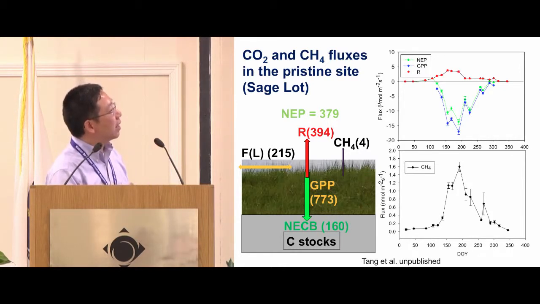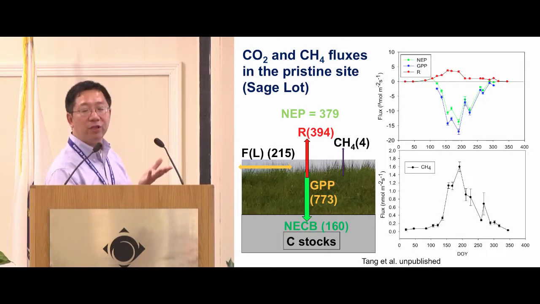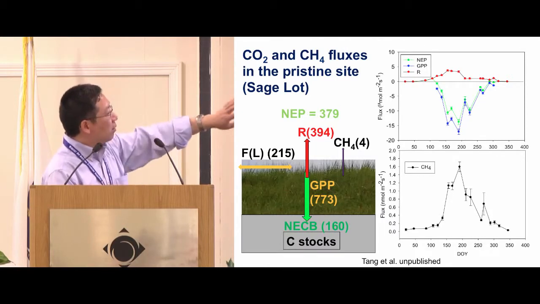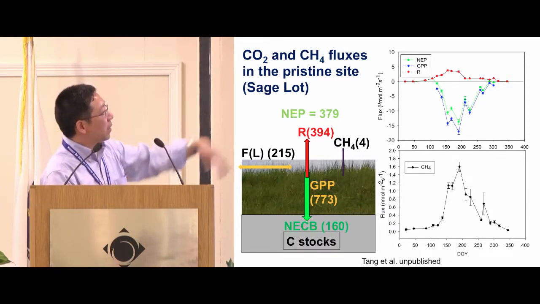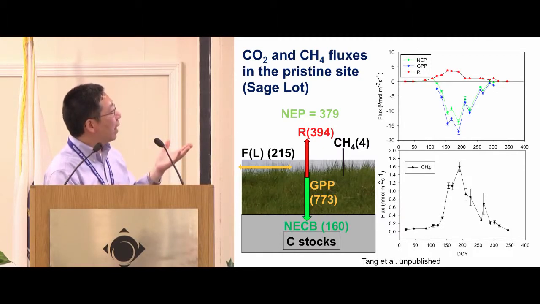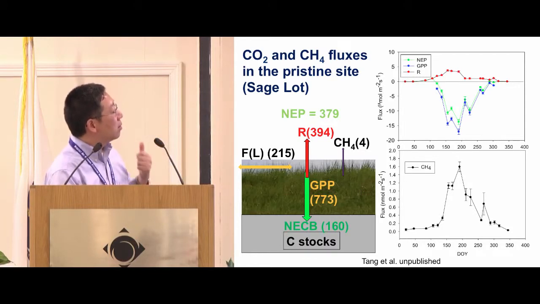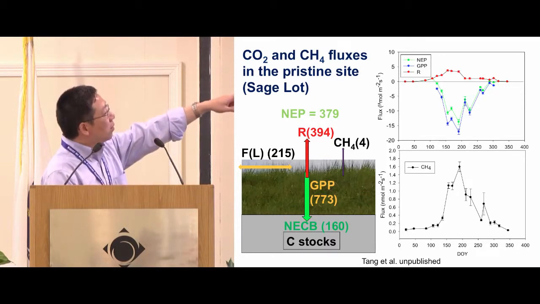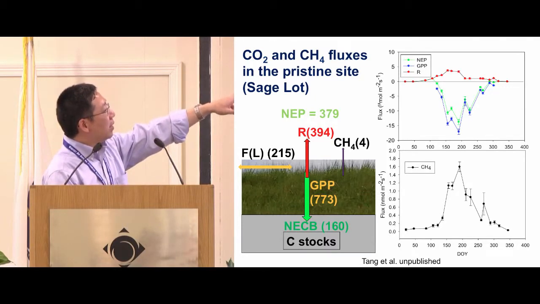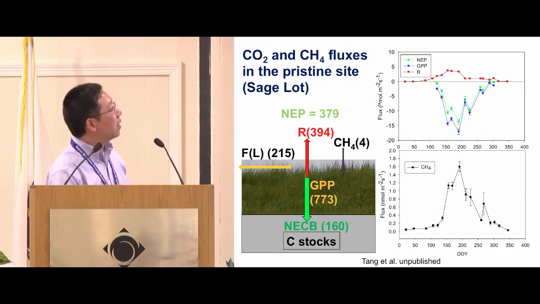So from these lines, we can calculate the total amount of carbon emissions of CO2 and also the emission of methane. In the left panel, we see the sum of the carbon balance across the year. The unit is grams of carbon per square meter per year, which is comparable with other systems. I'll just give you a number: for NEP, we estimate the net carbon result is about 380 grams of carbon per square meter per year.